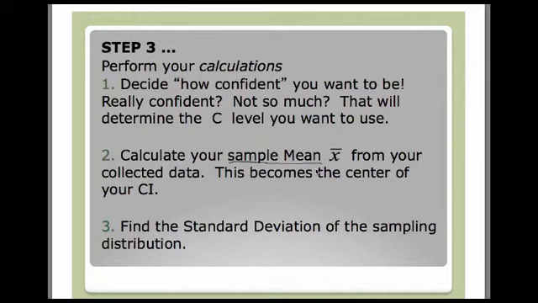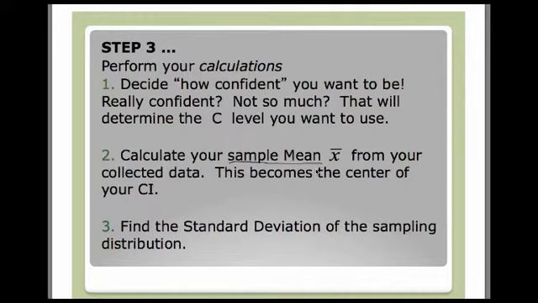That becomes like your center for your confidence interval. If you remember that simulation we did yesterday, remember the red dot that was in every confidence interval, and I said that's your mean from your sample. So your X bar becomes really the starting point from which the confidence interval is going to be created.